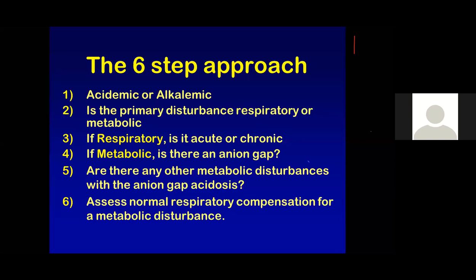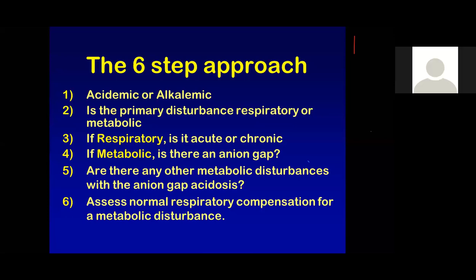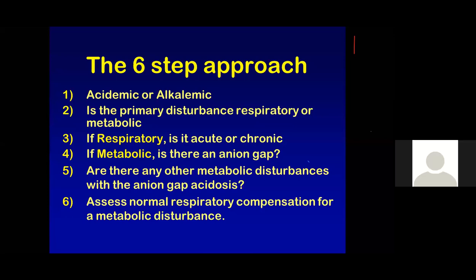First is whether it is acidemic or alkalemic. Second, whether the primary disturbance is in the respiratory system or metabolic system. Third, if it is respiratory, you have to look into whether it is acute or chronic. Fourth, if it is metabolic, you have to look for the anion gap. And then the fifth one is, if there is a metabolic disturbance, you have to look into what the anion gap acidosis is.